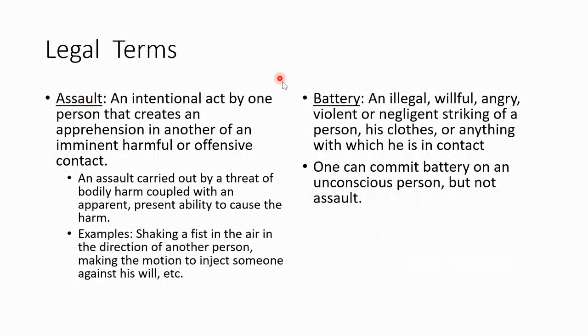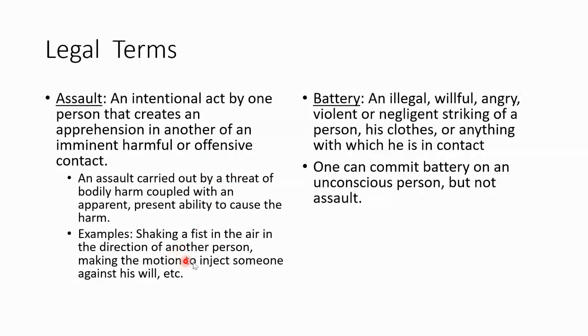Next, assault and battery. Assault is an intentional act by one person that creates an apprehension in another of an imminent harmful or offensive contact. An assault is carried out by a threat of bodily harm coupled with the apparent present ability to cause harm.